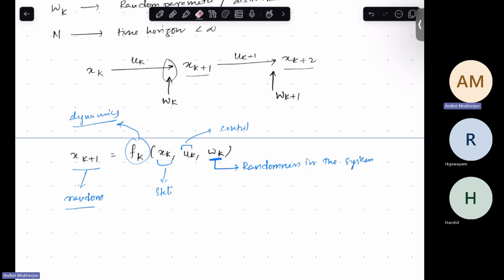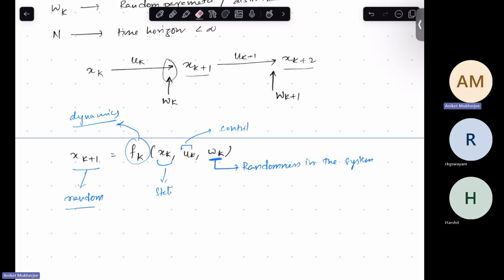Similarly, today I'll give an example of inventory control. There you'll understand what the dynamics actually are. But sometimes you'll go into, okay, I don't know the dynamics, I don't know fk, but can I see some statistics on how the states evolve, like some probability distribution?